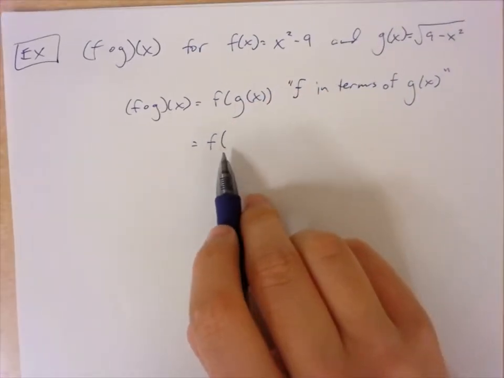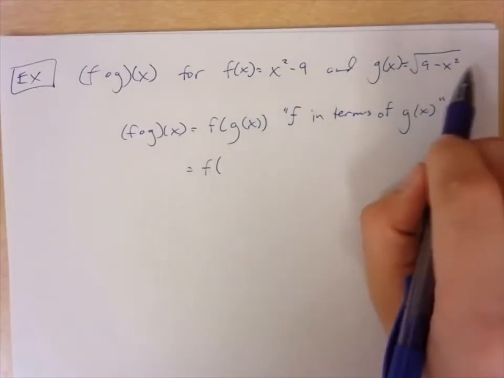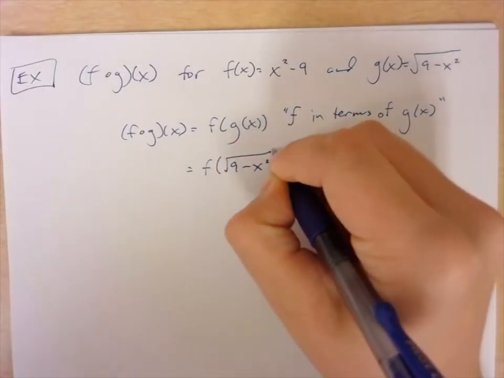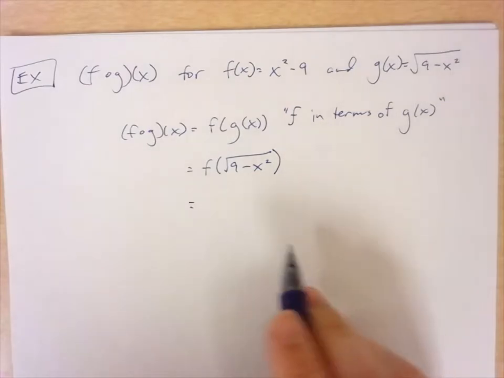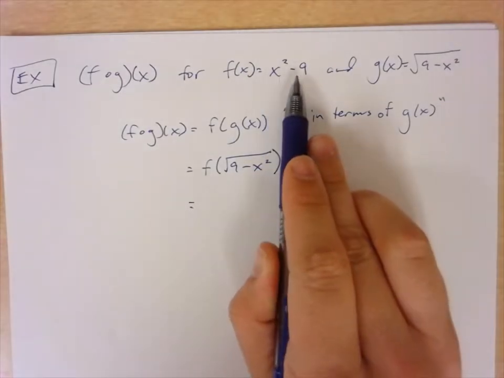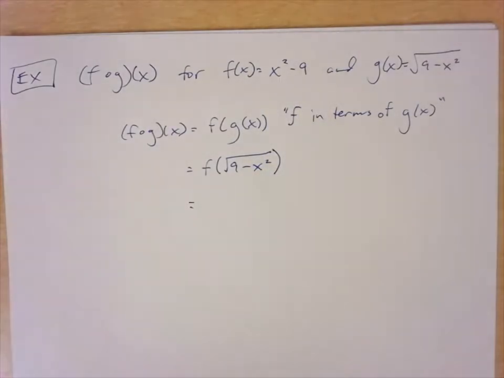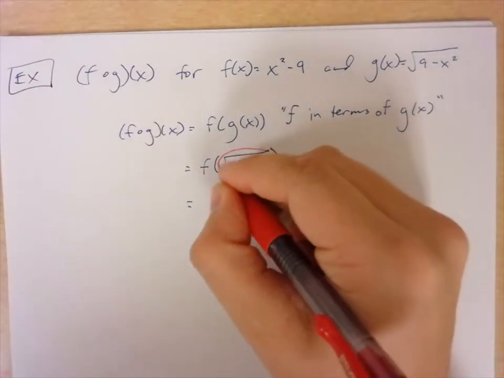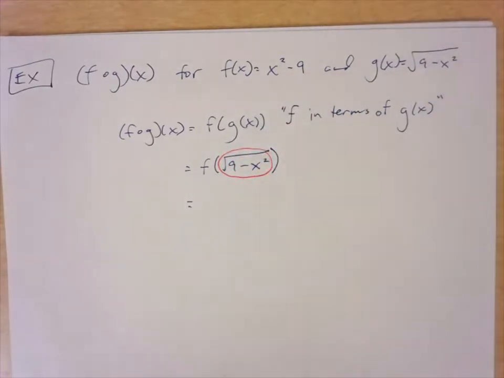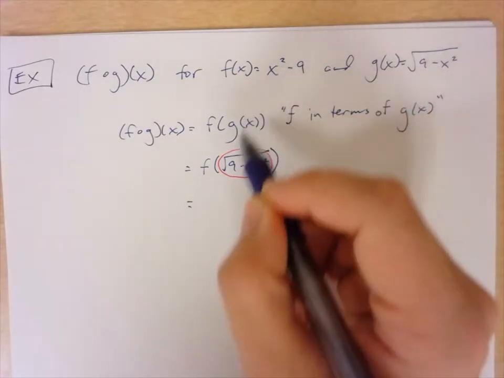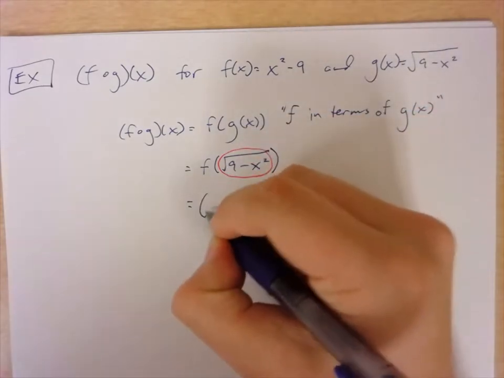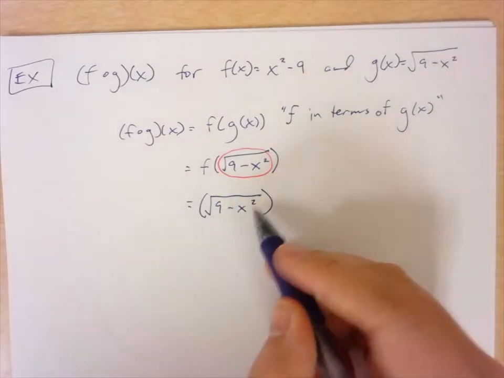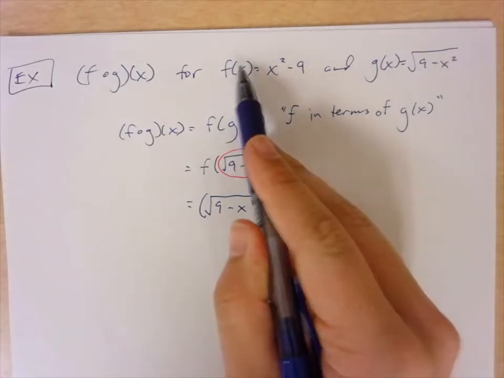So what this is saying is f of radical 9 minus x squared, which really means we're taking f of x, x squared minus 9, but remember, instead of using x, we're going to use this entire thing. So we're not going to write x squared, we're going to write 9 minus x squared, and then we're going to write the rest of f.